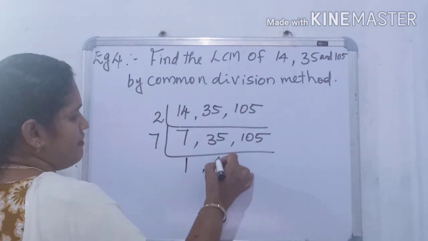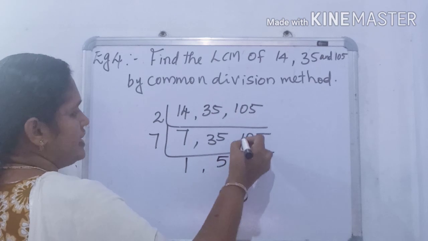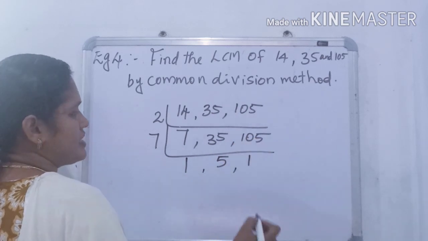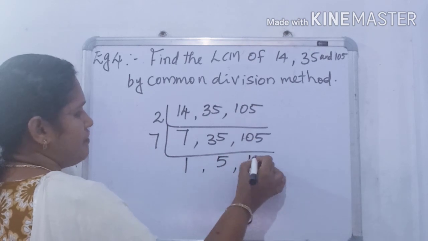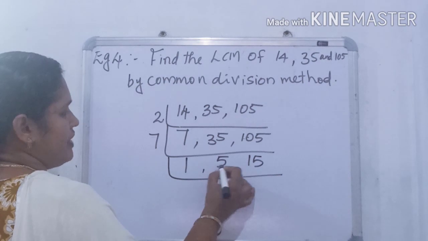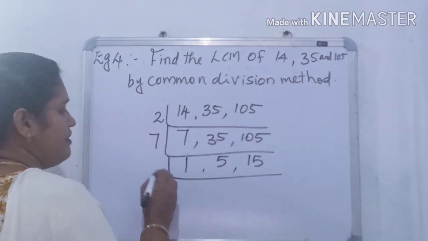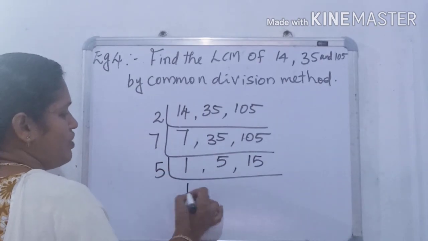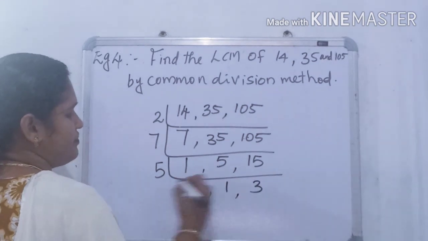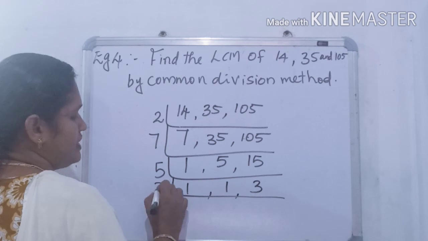In 35, 5 times 7s are there. In 105, 15 times. Then 5 and 15 are divisible by 5. 1 and 3. And 3 is divisible by 3 only.